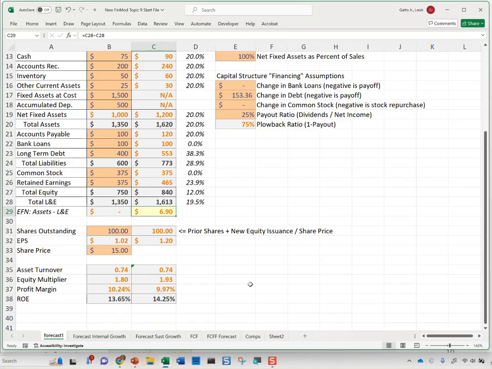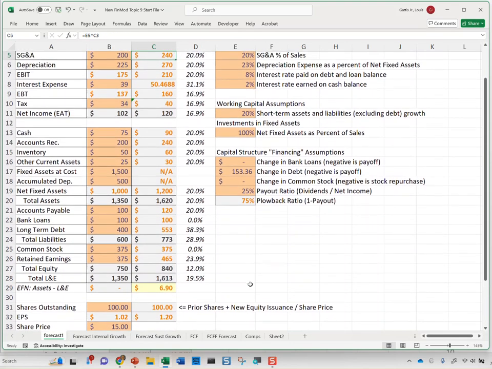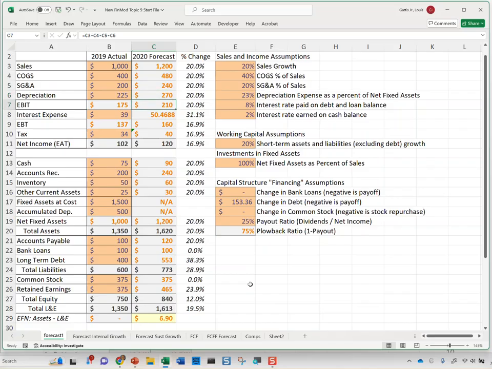I had no EFN, because when you use equity or dividends to balance the balance sheet, it has no effect on interest, and the balance sheet is balanced by simply adding those balances to common stock or reducing the dividend. However, when I add $153 of debt, that creates more interest expense.